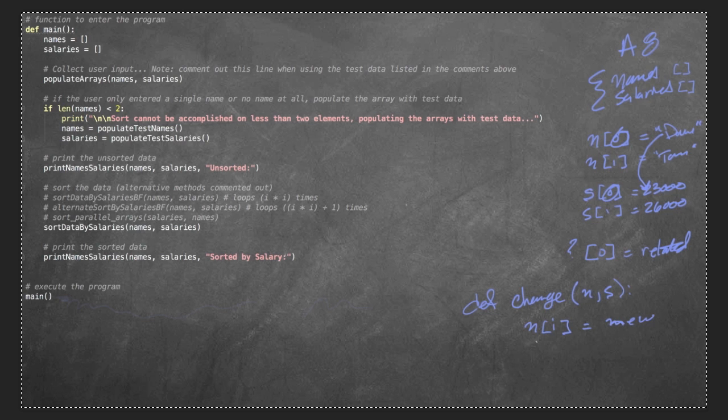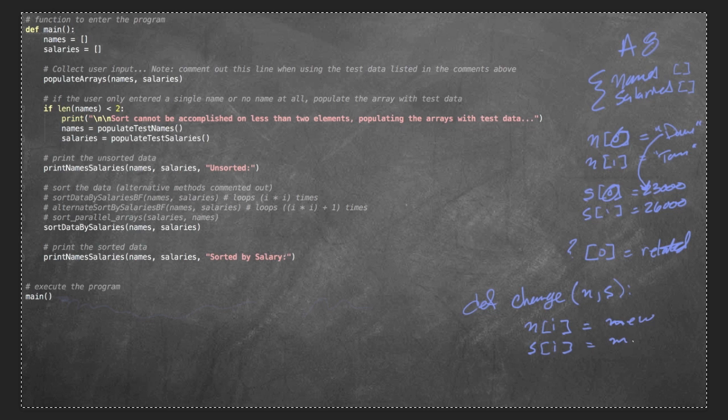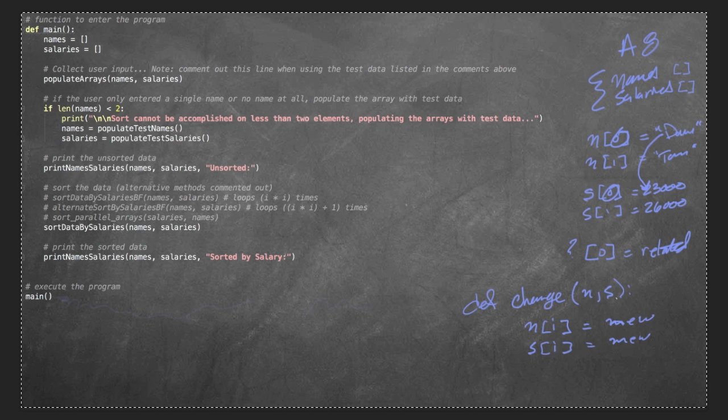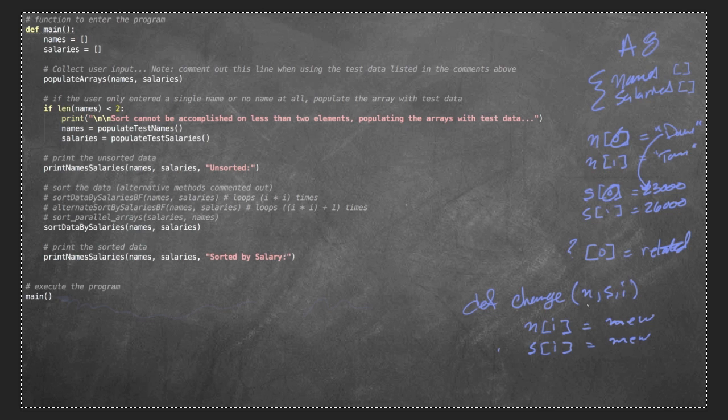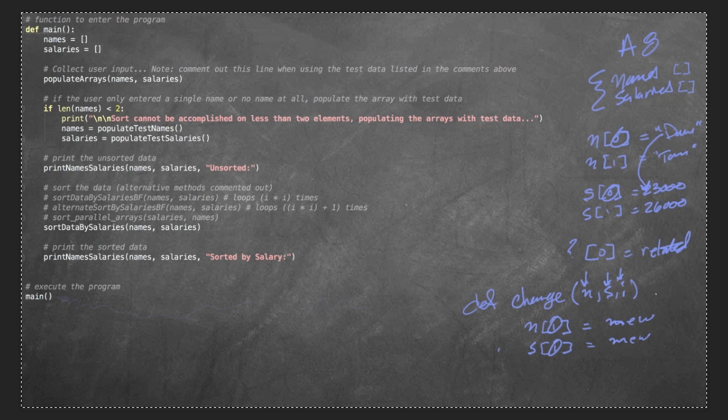That's an n there. And s sub I is going to be equal to the new whatever. You'll notice that I is the same. And you could, if you wanted to, pass in I right there. In fact, let's make a little bit of room here. We'll go ahead and add comma I, like so. And now we have the arrays themselves, and we have the index of where the element within the array resides.